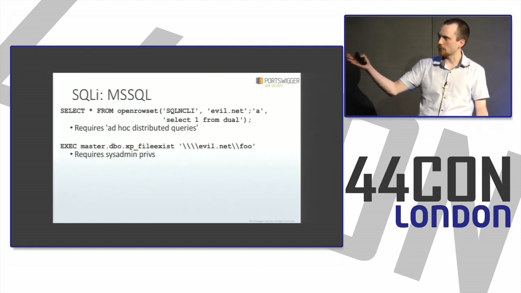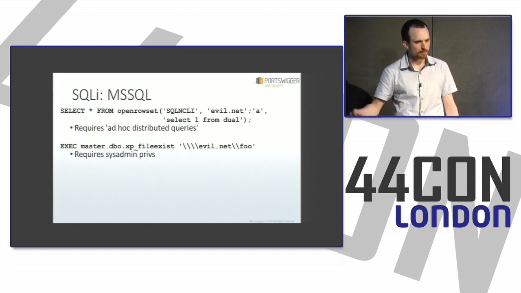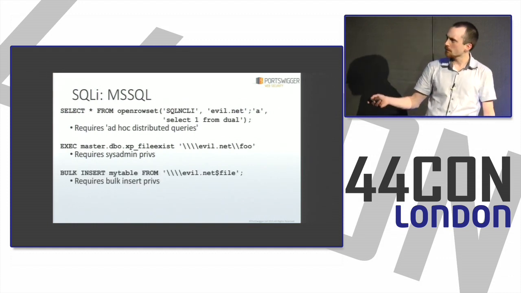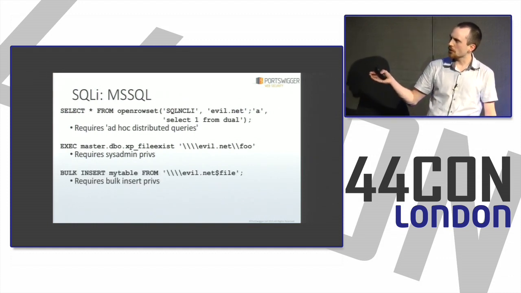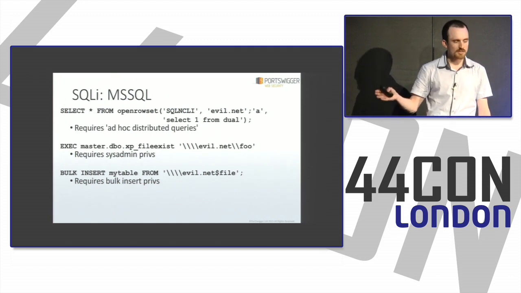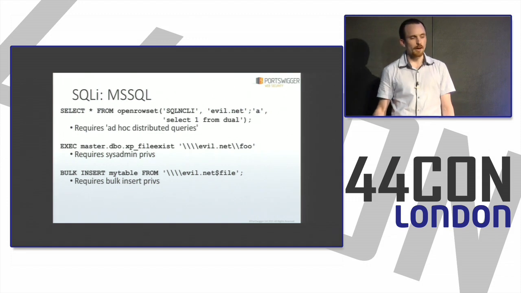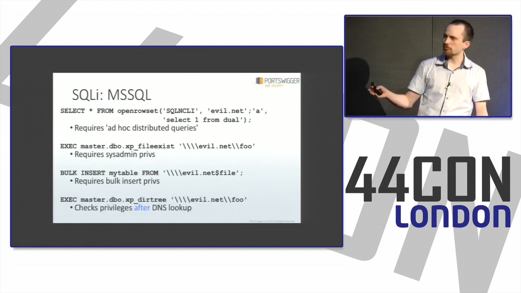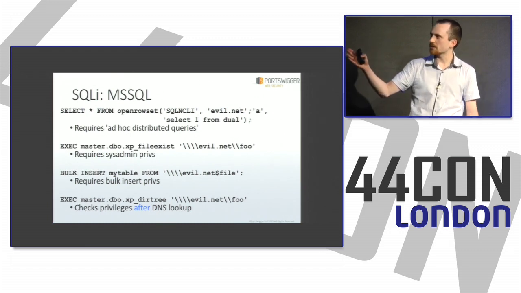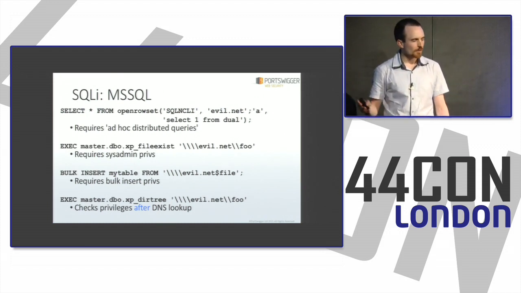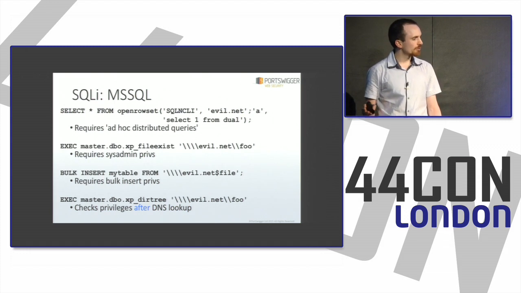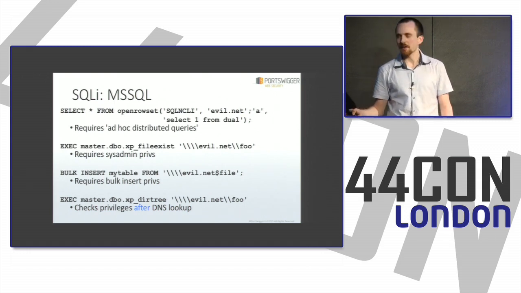Similarly, xp_fileexist requires sysadmin privileges. We don't know if we have that. And bulk insert from with a UNC path also requires privileges that we may or may not have. Fortunately, there's this one other procedure, very similar to xp_fileexist, xp_dirtree. And this one requires sysadmin privileges officially.